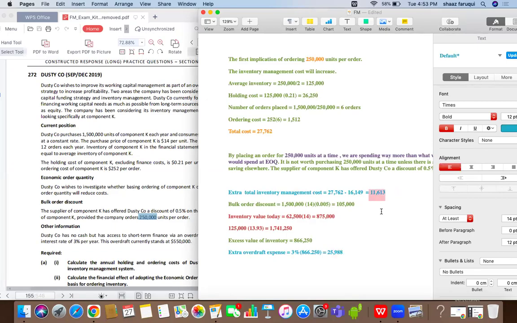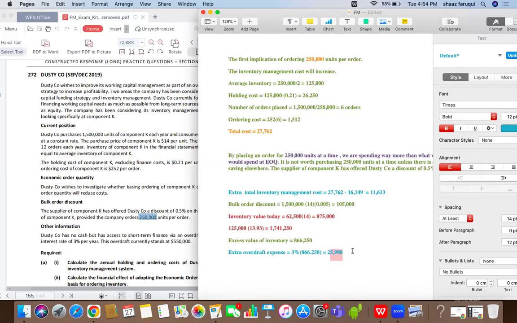Is it worth placing an order for 250,000 units? Doesn't look like. Why? Because there is an extra inventory management cost of 11,613 plus an extra overdraft cost of 25,988. So you're telling the supplier, I have to pay extra 11,613 plus another 25,988. I don't know if I should place the order for 250,000 units.